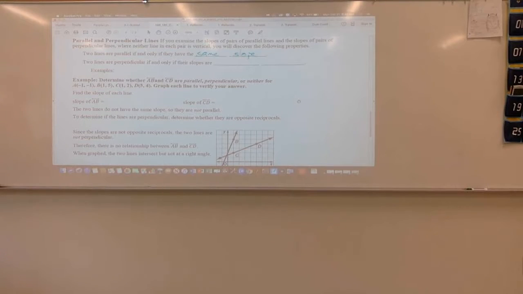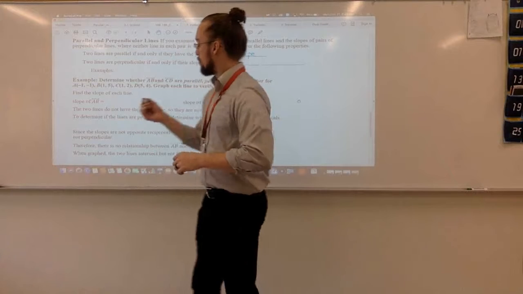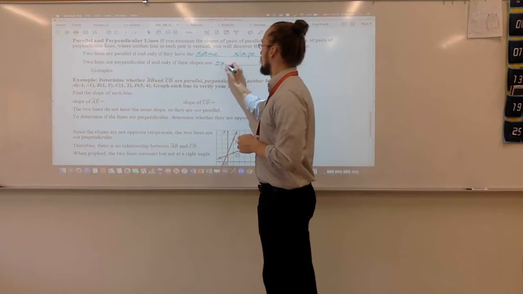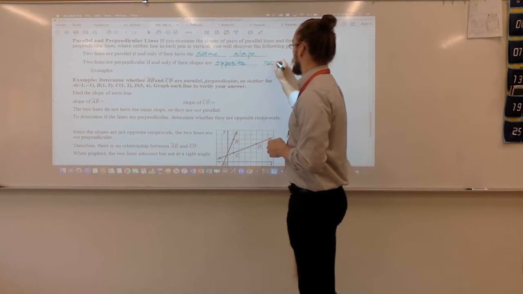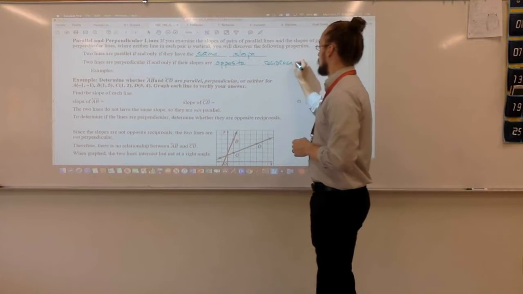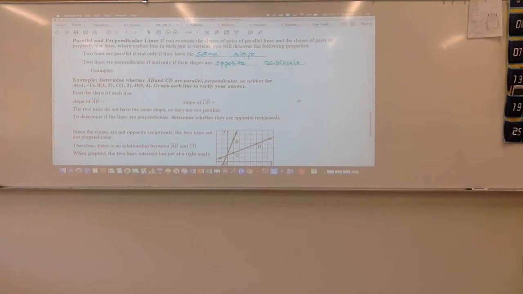Two lines are perpendicular, meaning they meet at exactly a right angle, if and only if their slopes are opposite reciprocals. What does that mean?